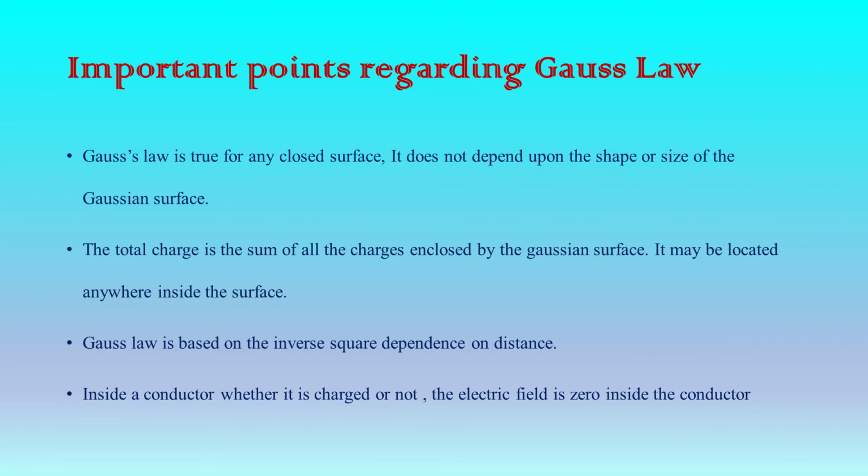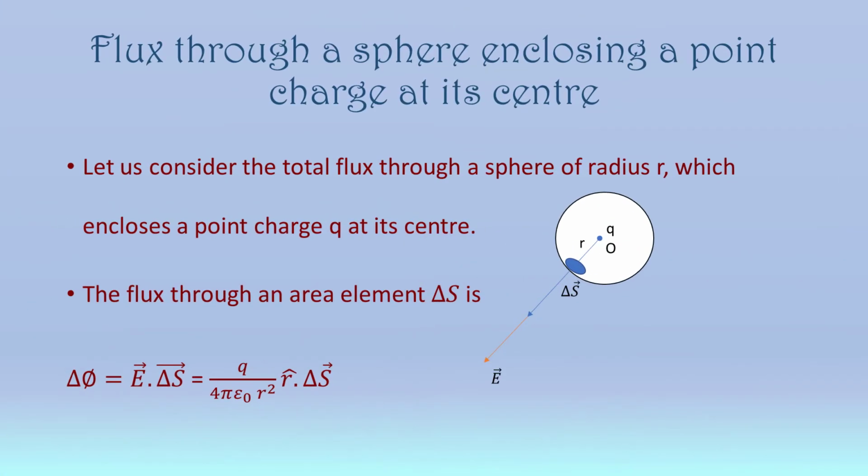Now, let us calculate the electric flux using Gauss law. Here we have considered a Gaussian surface as a sphere of radius r, and the charge q is located at the center of this sphere.